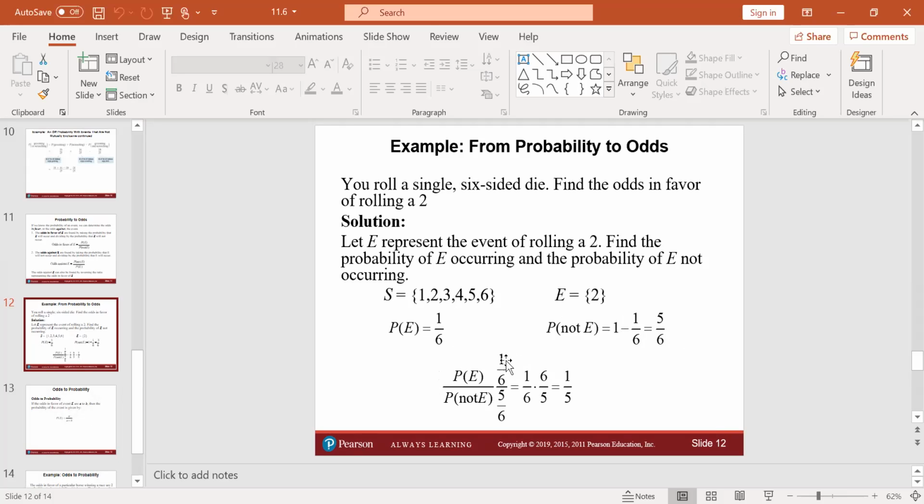So we do 1/6 divided by 5/6. You're literally doing 1/6 times the reciprocal, 6/5. The sixes cancel out and that reduces to 1/5. But that's not 1/5. Let's read it carefully.